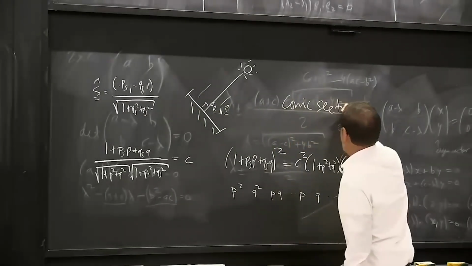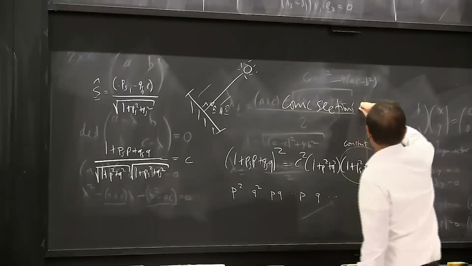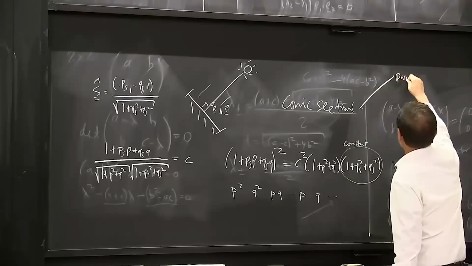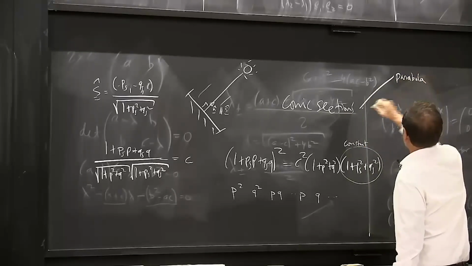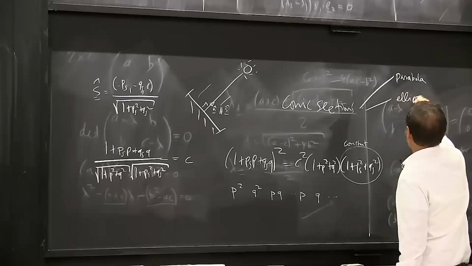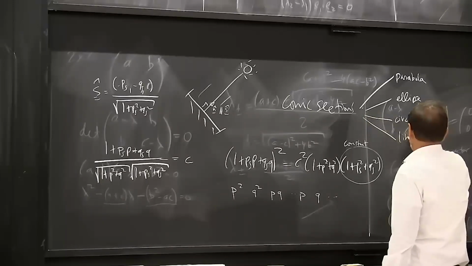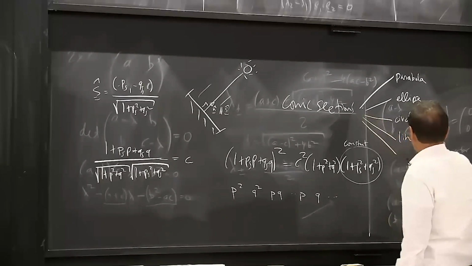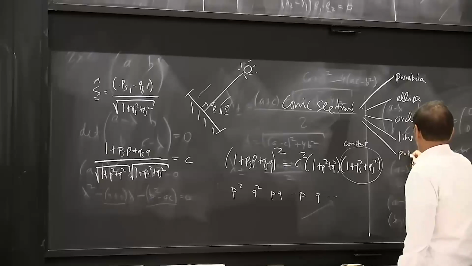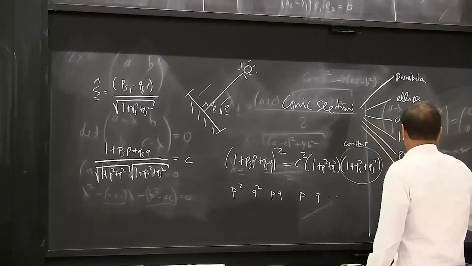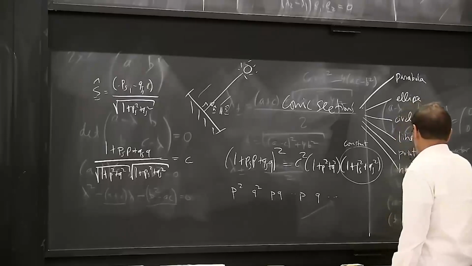Overall, they're conic sections. And so, yes, we can have a parabola. We can have an ellipse. We can even have a circle. We can have a line, a special degenerate case. We can have a point, an even more special degenerate case. And we can even have a hyperbola.